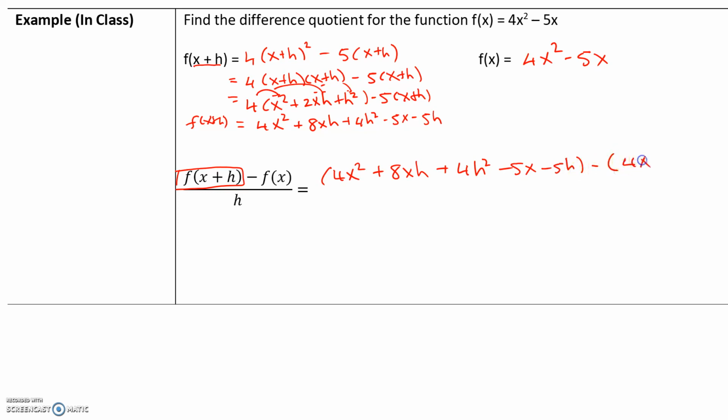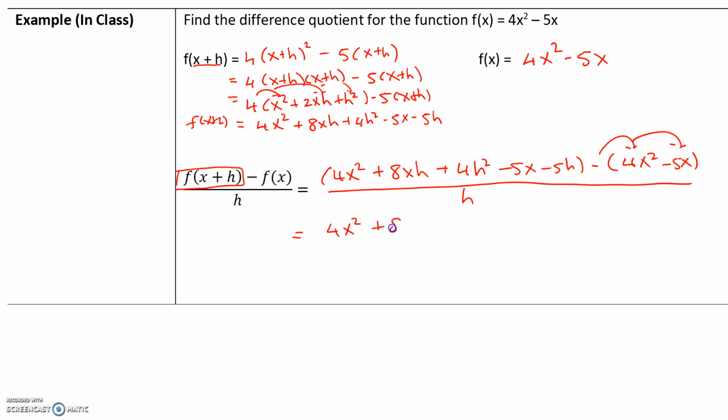And we're going to subtract that by 4x squared minus 5x, all divided by h. Okay, let's distribute the negative over here. So we have 4x to the second power plus 8xh plus 4h squared minus 5x minus 5h. Distribute the negative. That's negative 4x squared plus 5x. All of that is divided by h.